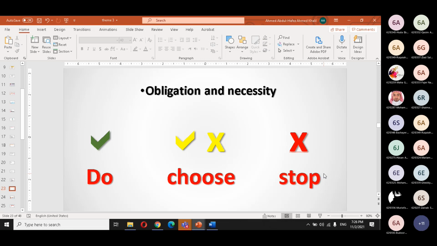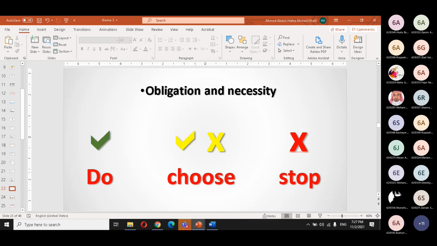If there is a sign, no parking, it means that it is necessary not to park here. So here, the first one and the last one, necessary. But this one necessary to do, this one necessary not to do, like no smoking.